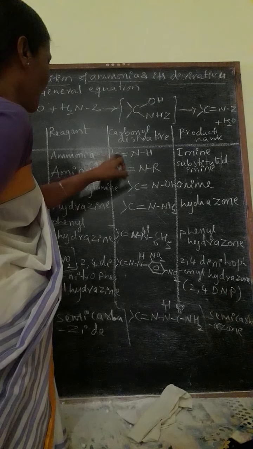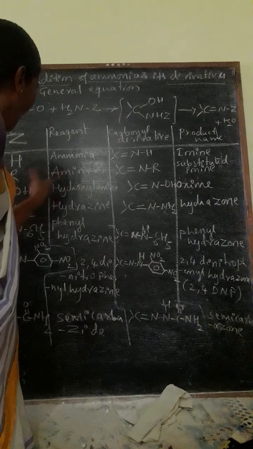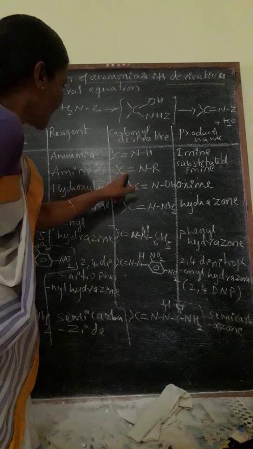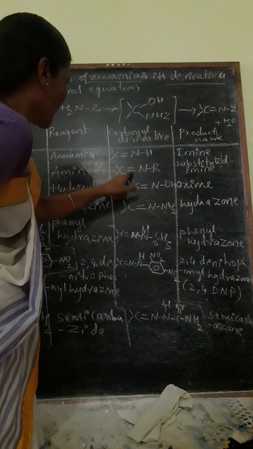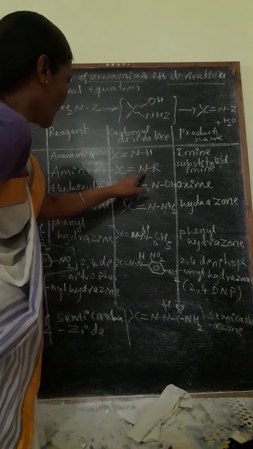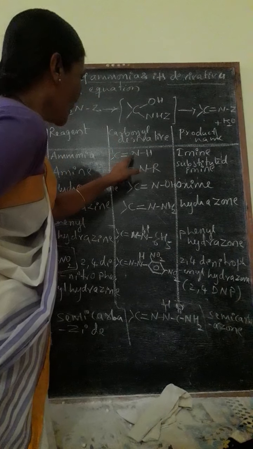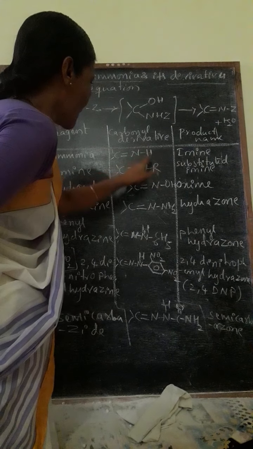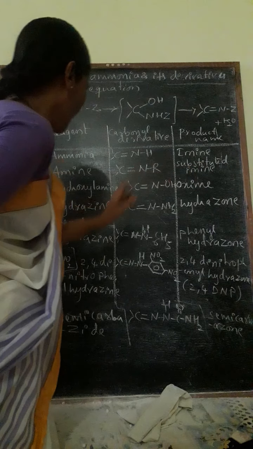If it is HCH double bond NH, it becomes an imine. Next, I will take R instead of Z. What happens here? C double bond NR. It is said to be a substituted imine, that is, instead of H, I have replaced it with R.